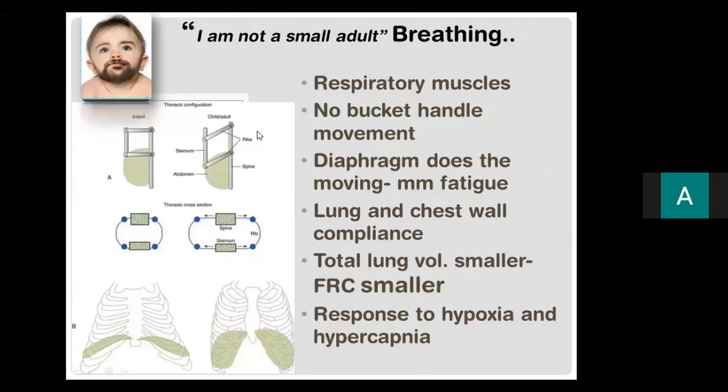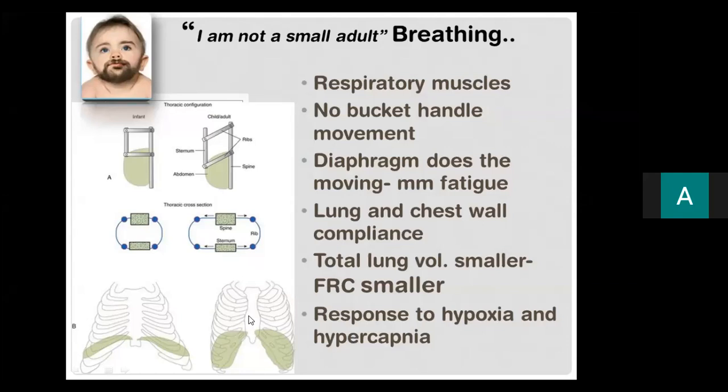In an infant, with a less developed brain or respiratory center, when there's hypoxia or hypercapnia, they will stop breathing, which will worsen whatever symptoms they have. So that's the other difference with their compensation.